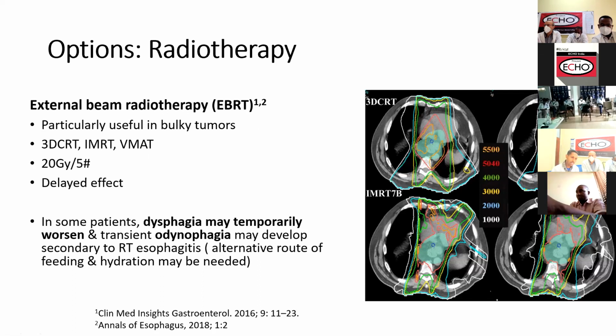In brachytherapy, when the tumor size is more than 10 centimeters, you can't use brachytherapy. And even if the circumference of the esophagus is completely destroyed by the tumor, you can't use brachytherapy. So in these cases, you have a choice of delivering the radiotherapy using external beam radiotherapy.